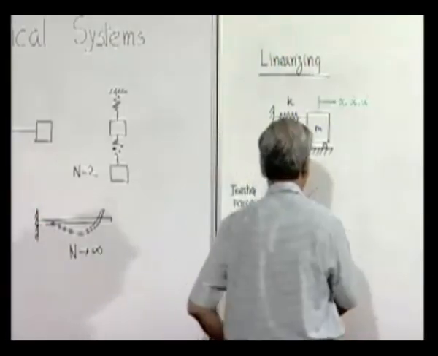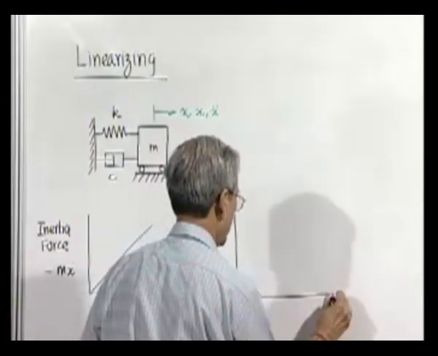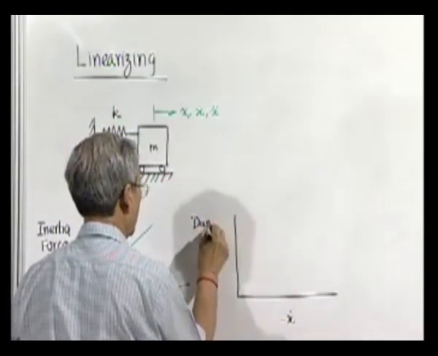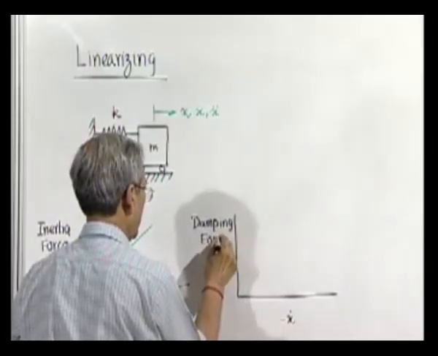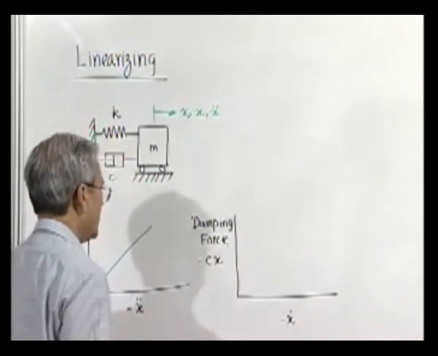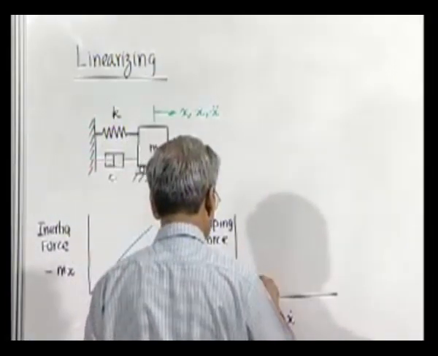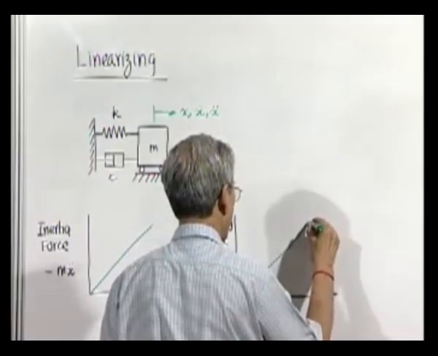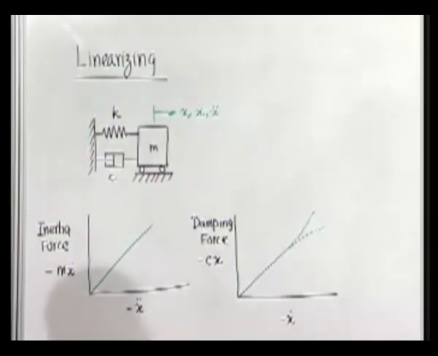If we take the damping force or dissipating force, which is minus c x dot, here again we can see that in reality it will be a straight line up to some point, but after some time it may vary from the linear property.